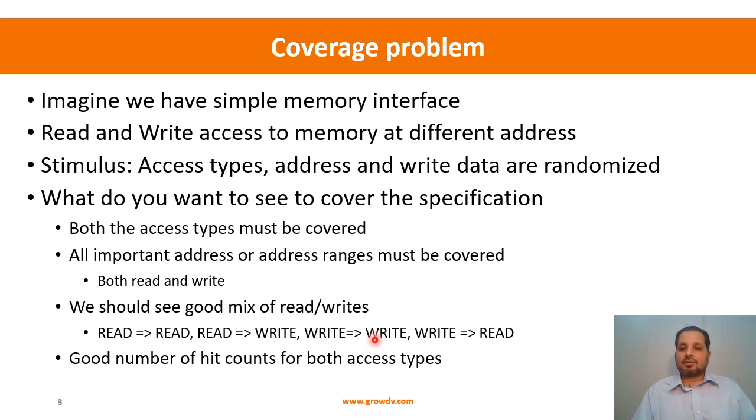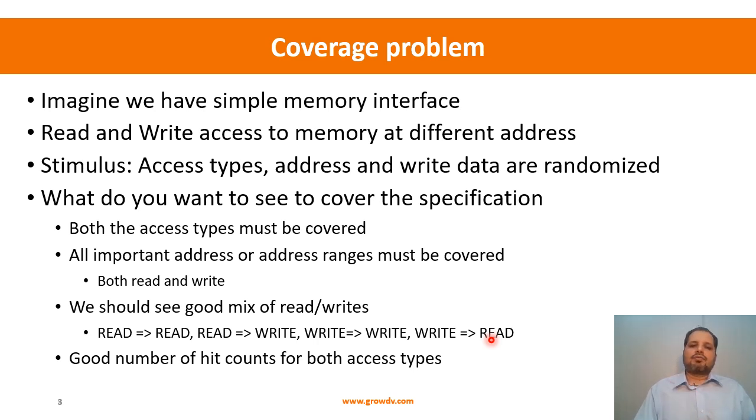Does it work properly when I do back-to-back accesses? And if I have a mix, that is I do a read followed immediately by a write, how does this behave? And then a write followed immediately by a read, how does it behave? This way I want to see the transitions to ensure that I have had a good mix. I am ignoring data for the moment. Let's not increase the complexity at this point.